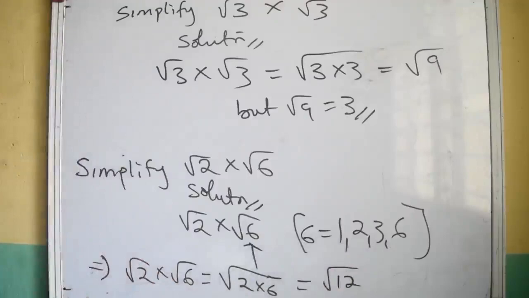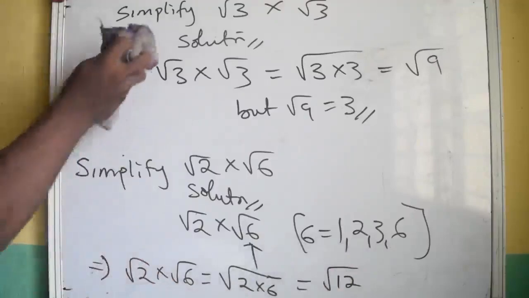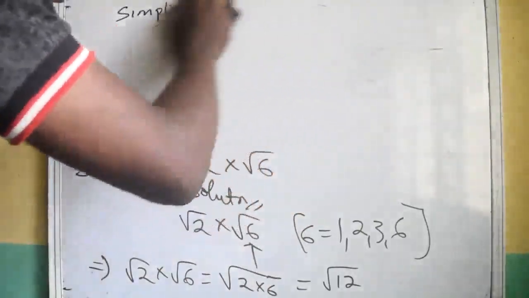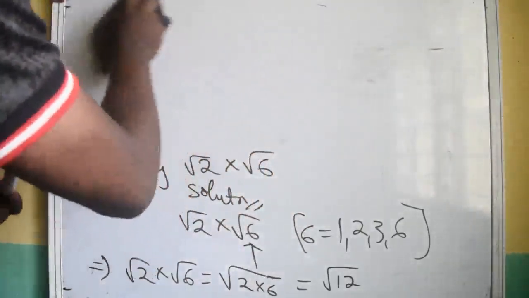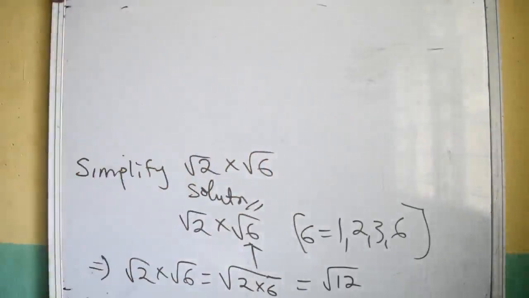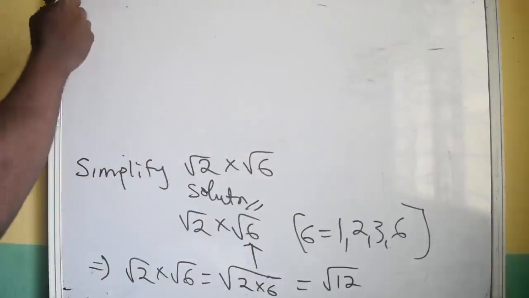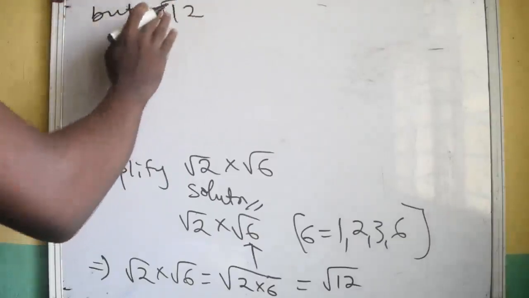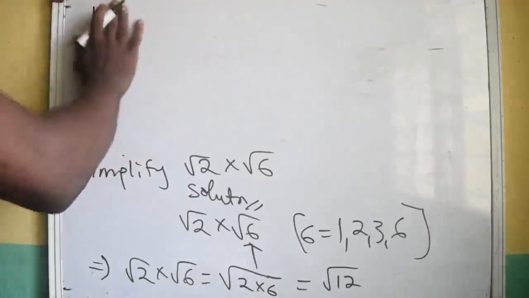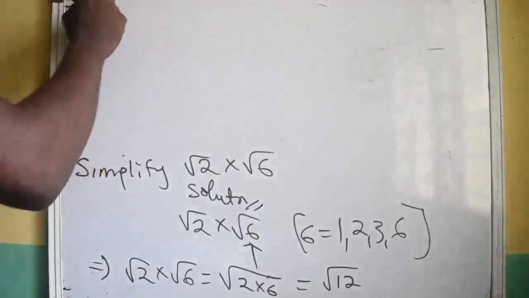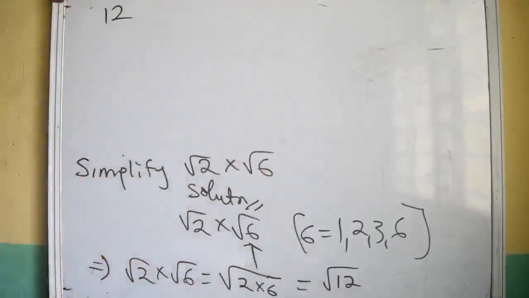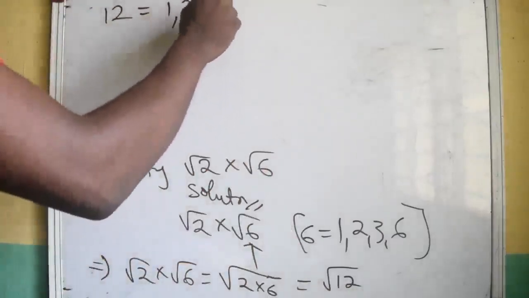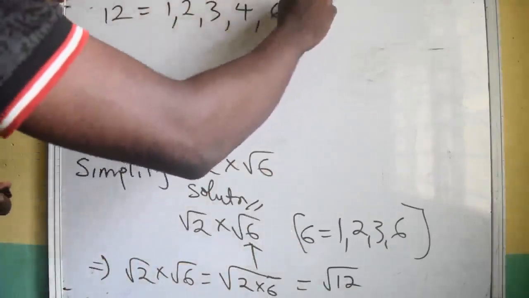Once you get to square root of 12, let me clean the top to make room for this. If I write down the factors of 12 here, it will be 1, 2, 3, 4, 6, and 12.